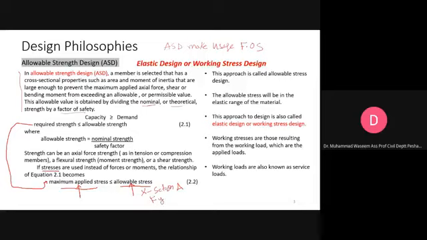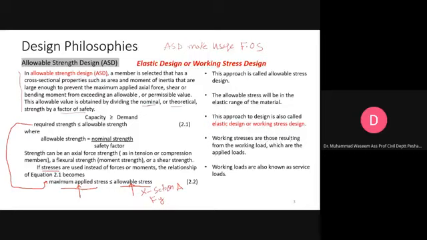Now allowable strength design and allowable stress design are used interchangeably. As I told you, we also call it elastic design or working stress design. Now what are the working stresses?